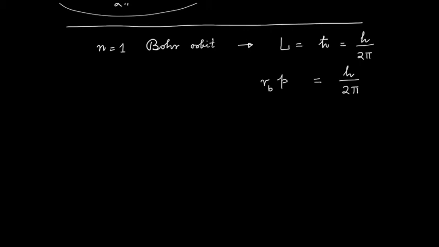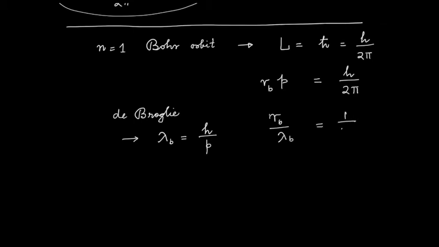Now if I replace the momentum using the de Broglie hypothesis, then lambda of the first Bohr orbit will be h by p, or p will be h by lambda.